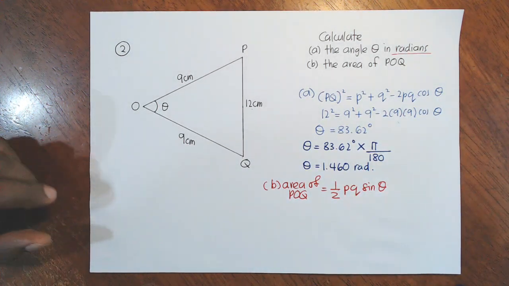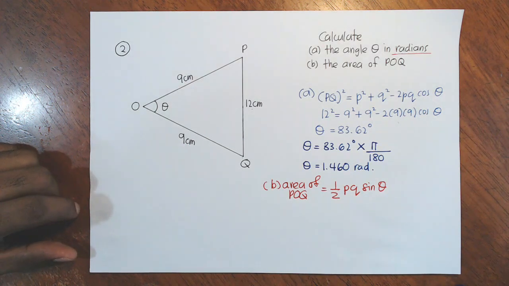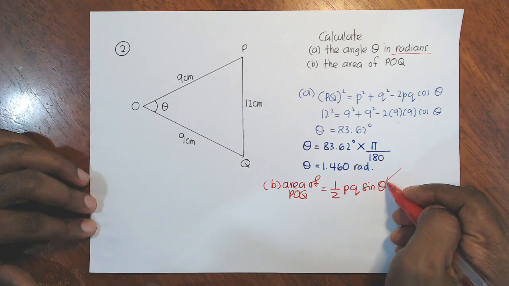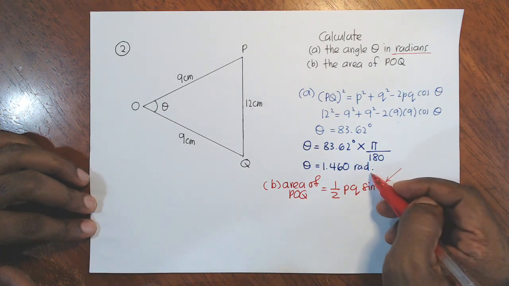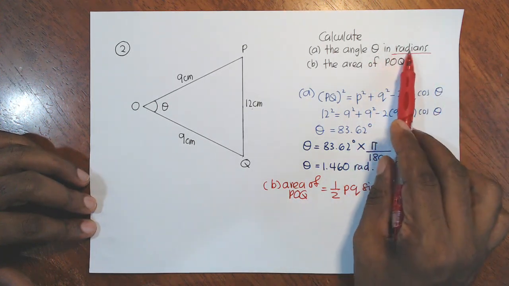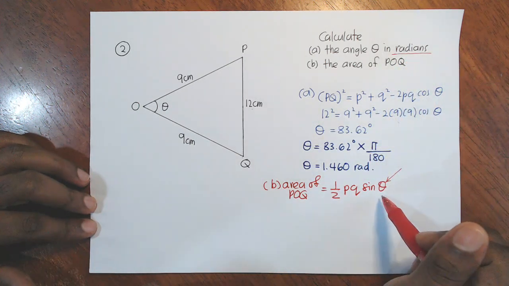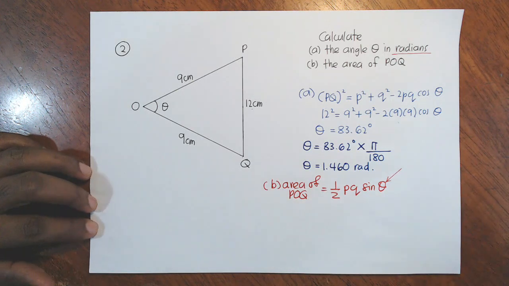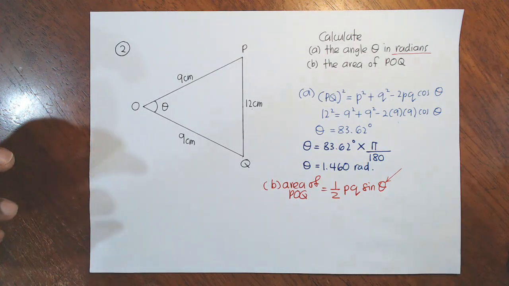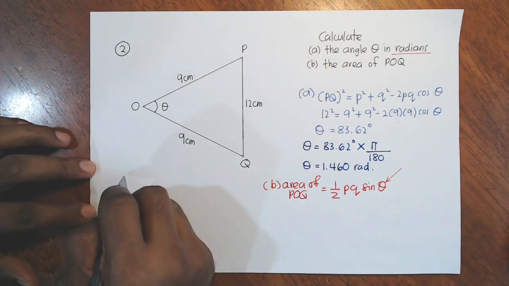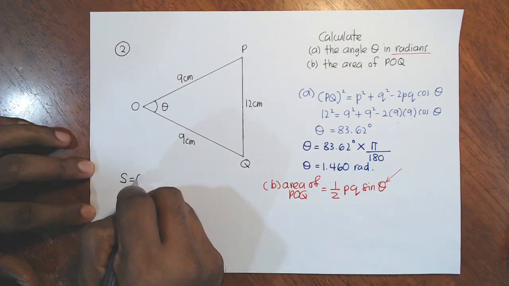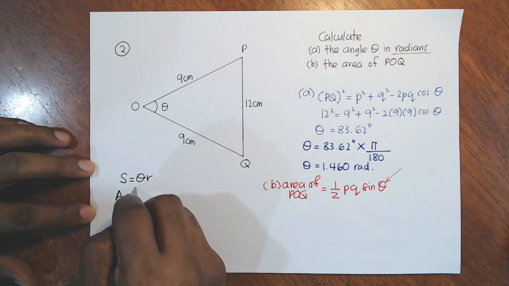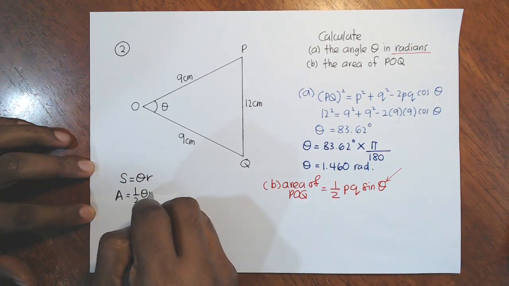See, I call this the perfect question because here I can point out that the angle theta you must use in degrees. You can't use radians. Even though in this question they wanted theta in radians, in this formula you cannot use the angle theta in radians. If you remember from the earlier videos, we learned two new formulas, which were length of arc equals to theta r, and area of sector is 1 over 2 theta r square.